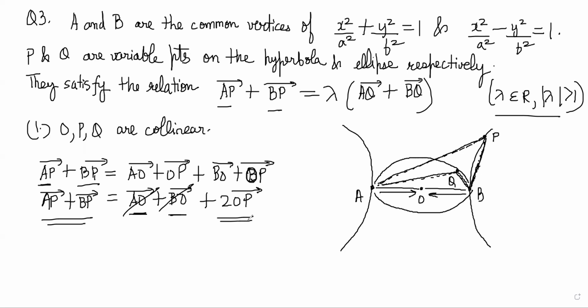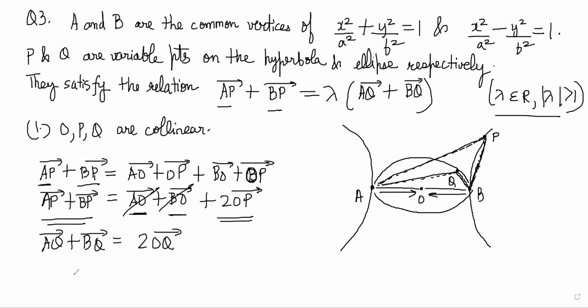And similarly, you can show that AQ plus BQ is also twice of OQ vector. So the condition that the problem says is that AP plus BP is equal to lambda times this.